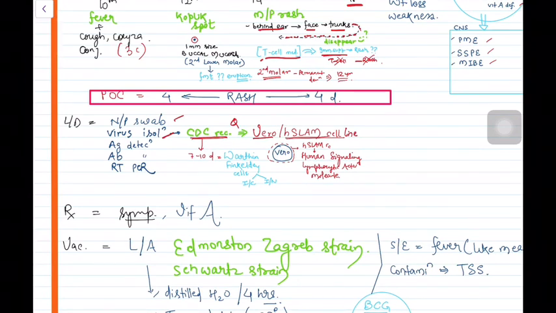H SLAM is human signaling lymphocytic activation molecule. So this Vero cell line will be coated with this H SLAM receptor. On the cell line, you will notice in 7 to 10 days the classical Warthin-Finkeldey cell, which is both intracytoplasmic as well as intranuclear. Then you will do antigen detection, antibody detection, and RT-PCR.